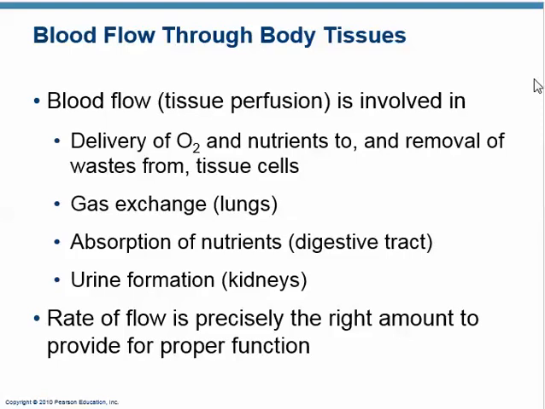Really, the amount of blood that flows to the organ or tissue is exactly what that tissue needs in order to function properly. If not enough is delivered, the tissue doesn't function properly, and homeostasis increases the flow to that tissue. It increases the perfusion. If the blood flow is too much, homeostasis slows it down. So you get exactly what you need.